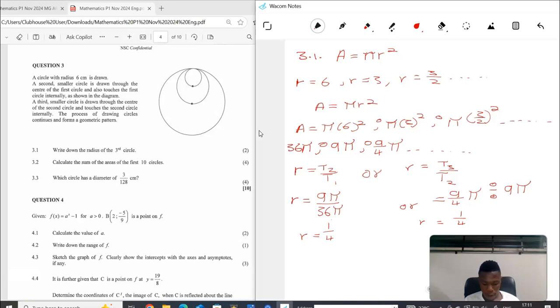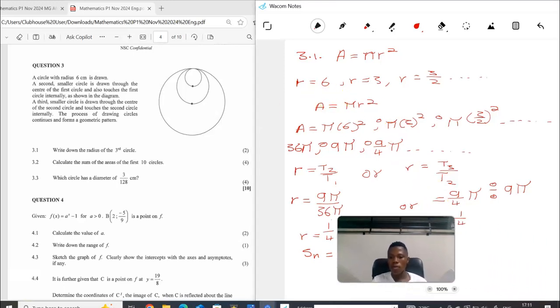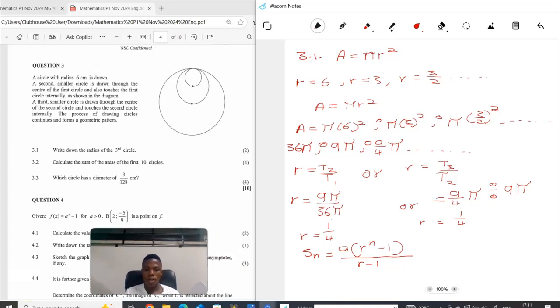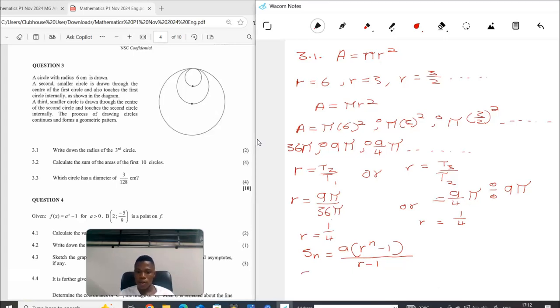The sum of a geometric pattern is Sn equal to a times the formula on the sheet.